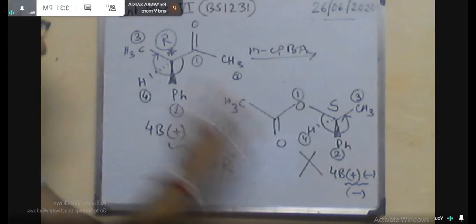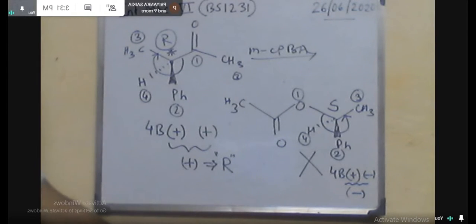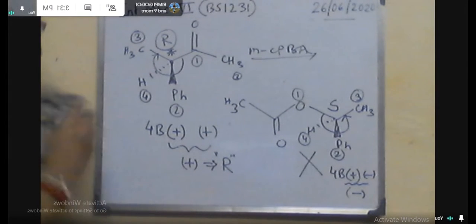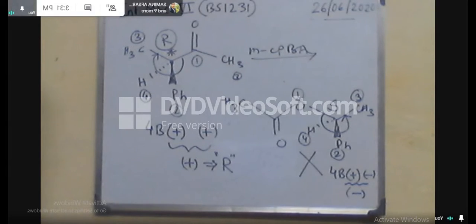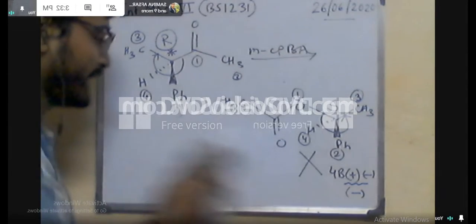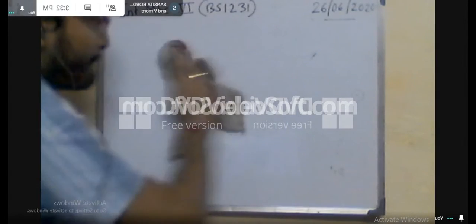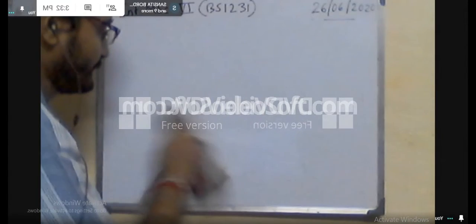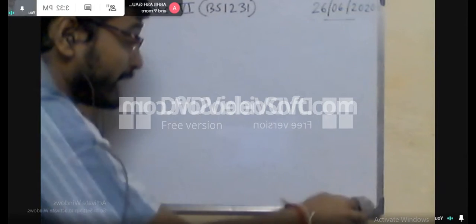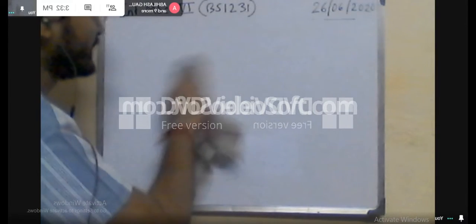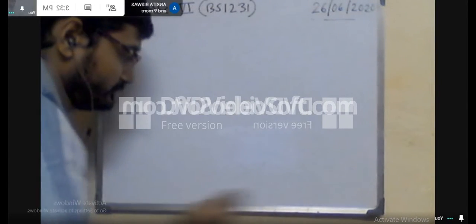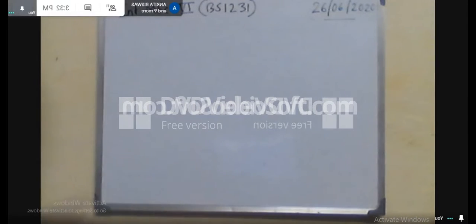Now another factor is the electron density in this reaction. Say you can see that I am showing the migratory aptitude like this. That means tertiary butyl greater than isopropyl, greater than ethyl, methyl, hydrogen. So here you can see the tertiary butyl group, these methyls have the plus I effect.